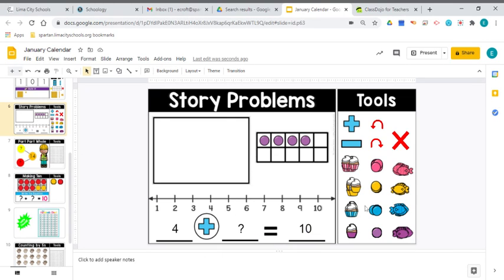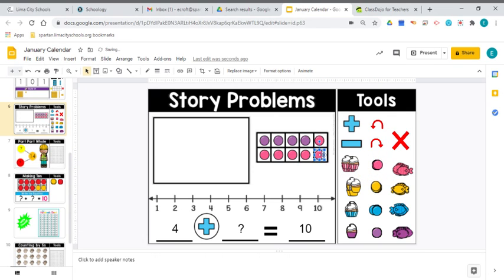How many we have to add to 4 to get to 10. So let's just go ahead and start filling up that 10 frame and find out how many of these pink chips I'm going to have to add to make a full 10 frame. There we go. 1 more to get it full.